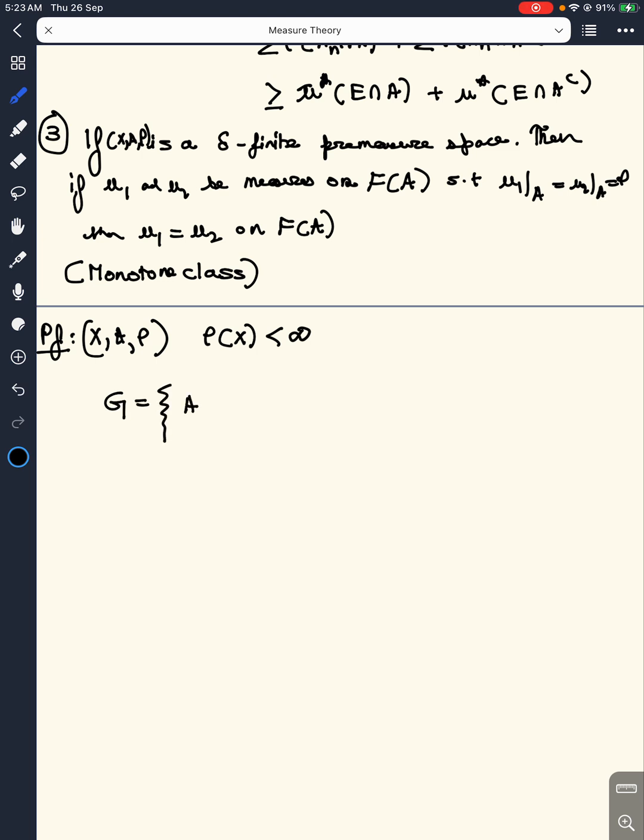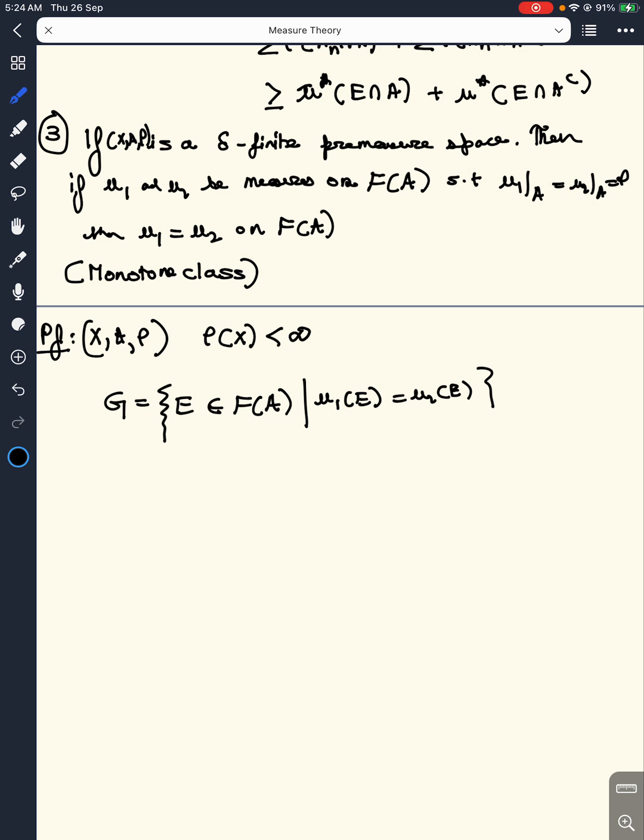All such E belonging to F of A such that mu1 E equals mu2 E. Clearly the algebra is contained in G.